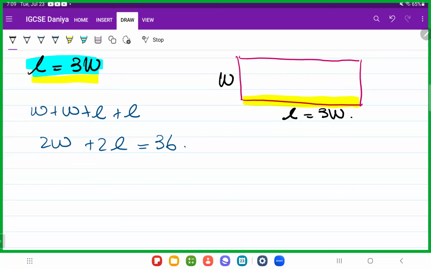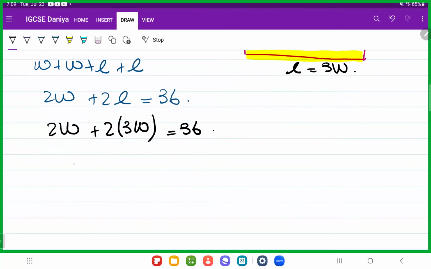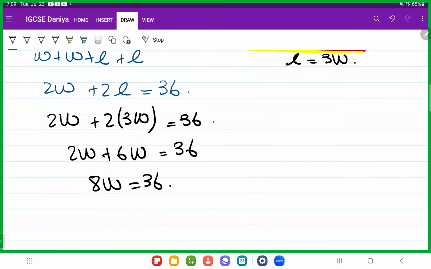2w plus 2, can I write 3w in place of L? Equal to 36, which would be 2w plus 6w is equal to 36, which is 8w is equal to 36.